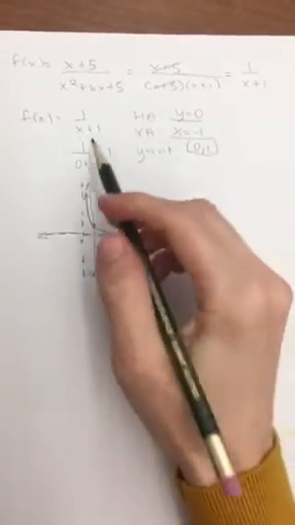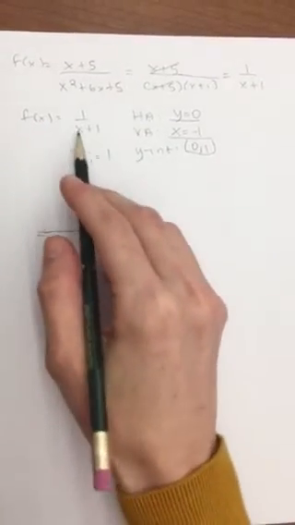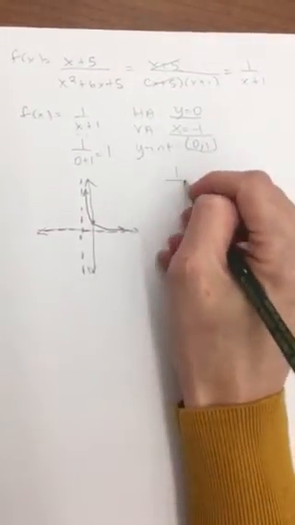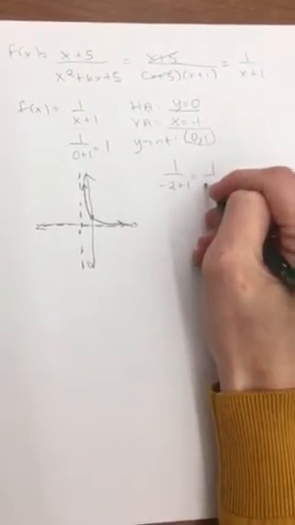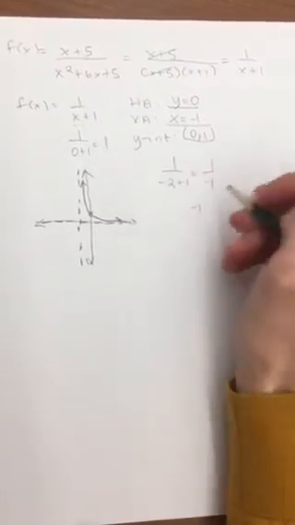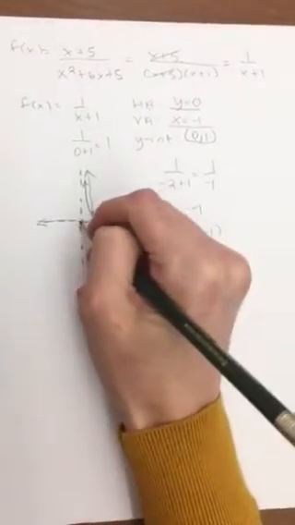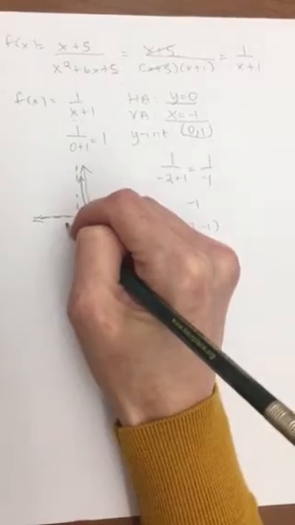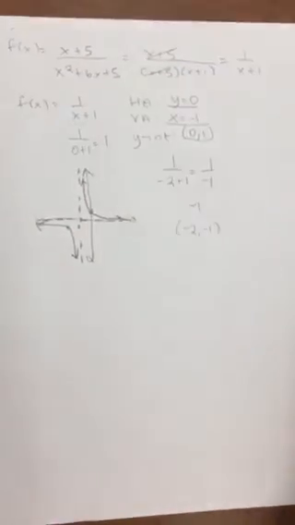And we can check that by putting in a number to the left of our asymptote. If I substitute in the number -2, I get 1 over -2 plus 1, which is 1 over -1, which is -1. So when I put in a value of -2, I'm getting out a value of -1, which is exactly what I would expect.